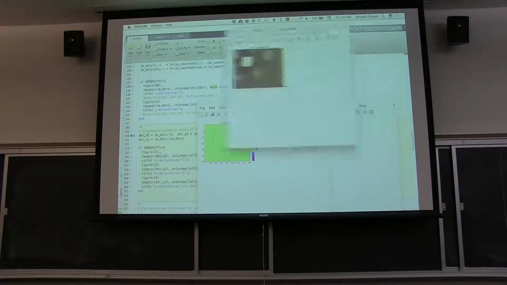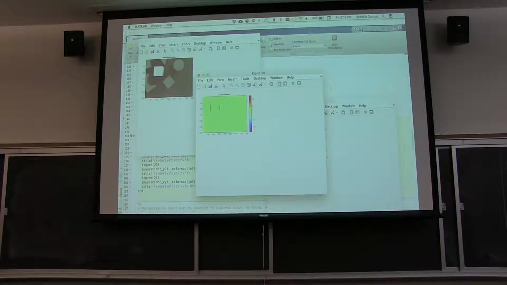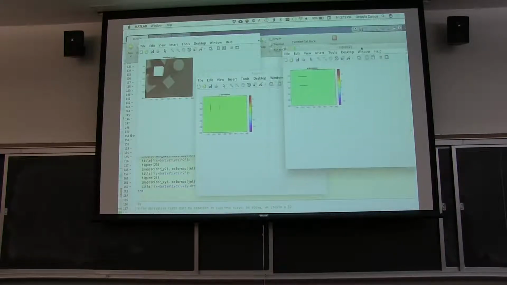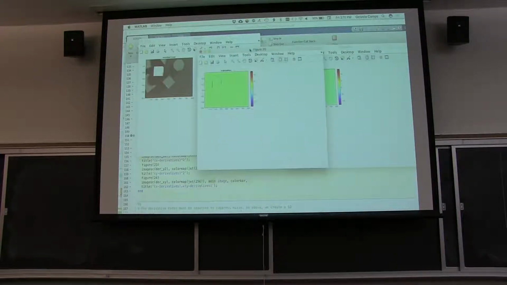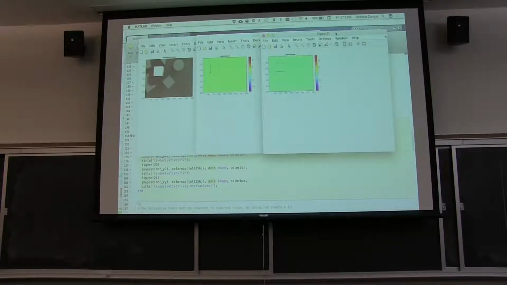This was the image that was given as input where I want to find corners. And this is the output of the gradient of this image in the vertical and horizontal directions.